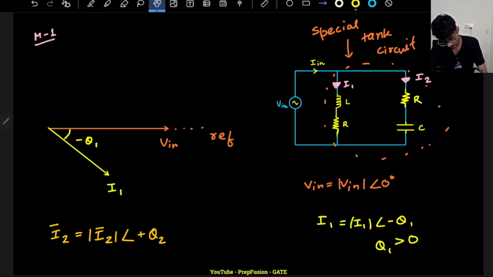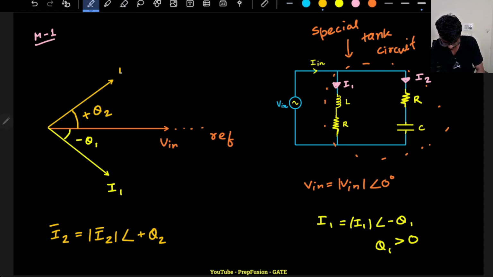So I2 will be somewhere here, plus theta 2. Okay, this is my I2, basically.